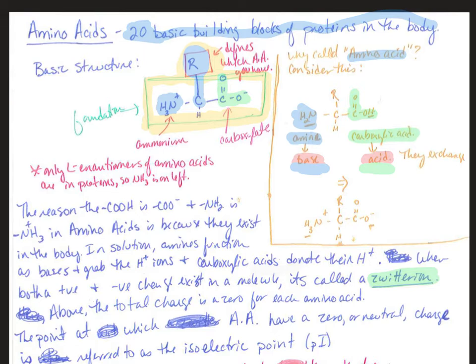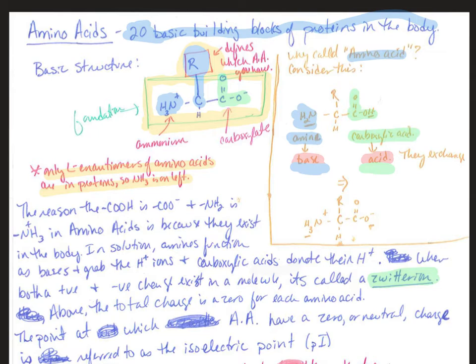So remember how we talked about like your body prefers one enantiomer over the other? Well, we only have L enantiomers of amino acids or in proteins. So the NH3 is on the left, and that's the reason why we write it. So the NH3 is on the left, and our carboxylate is on the right.